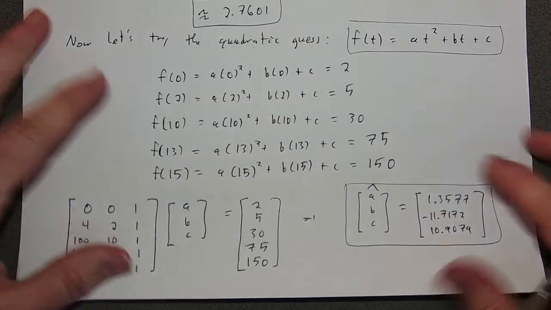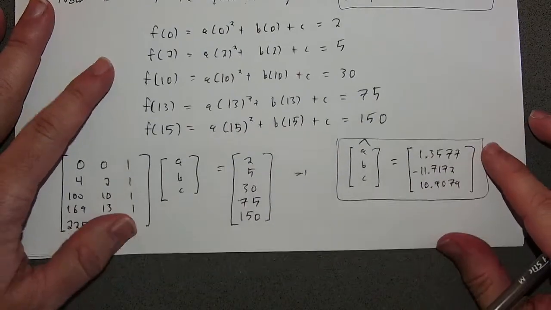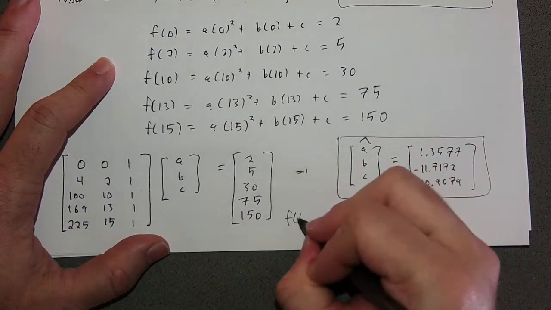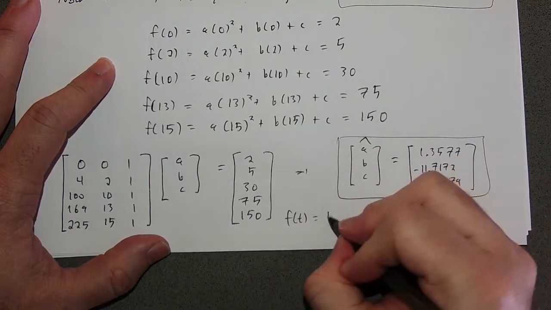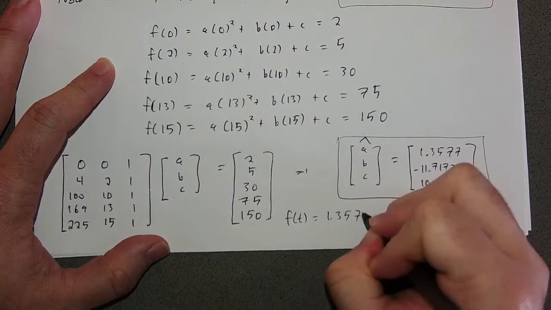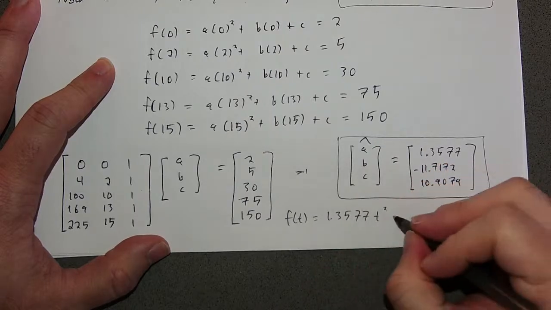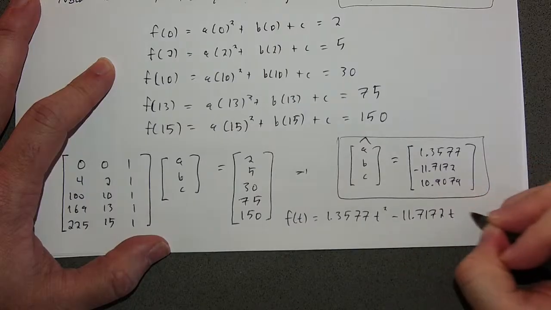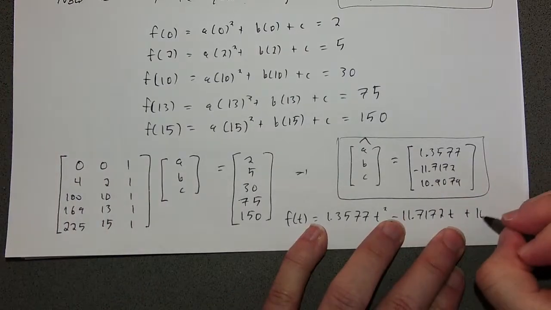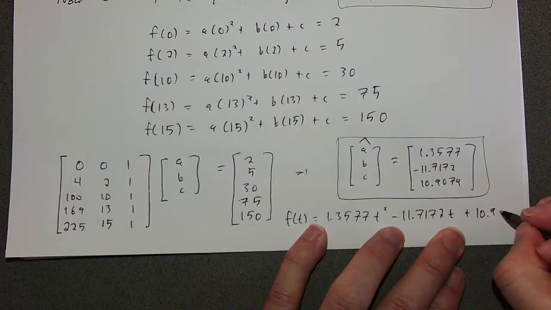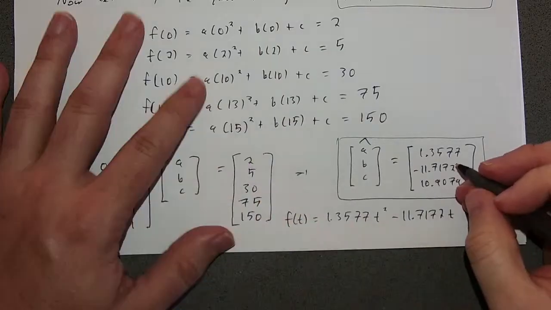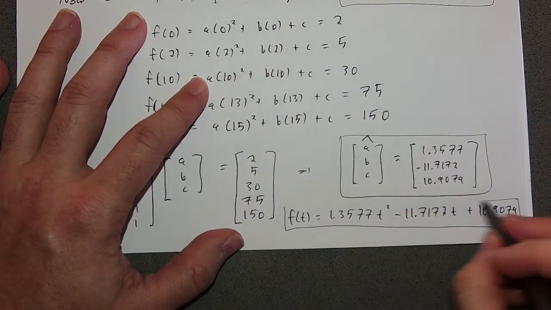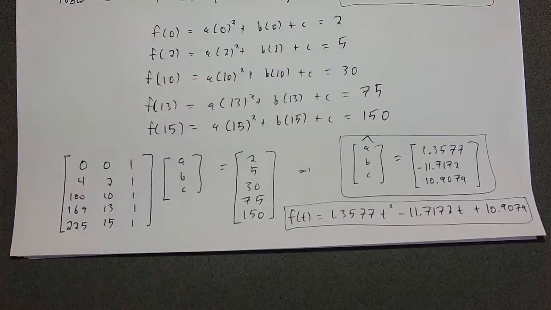This gives me a quadratic function f that is 1.3577 t squared minus 11.7172 times t plus 10.9079. This is my quadratic best fit.